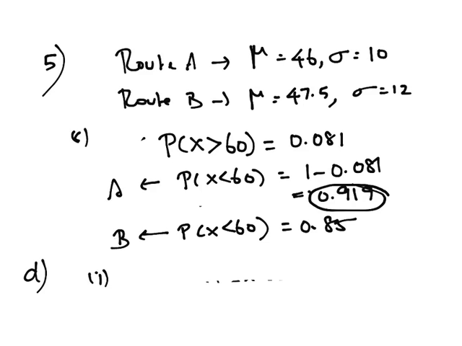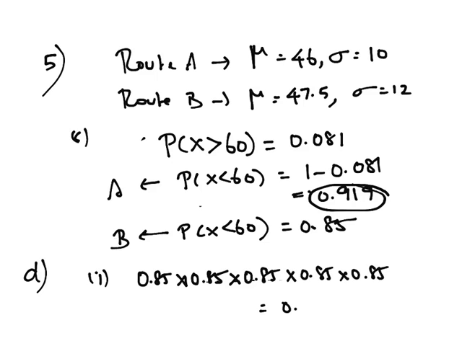It arrives before 7 o'clock on all 5 days. That means the first day it arrives before 7 o'clock, that is 0.85, and the second day before 7 o'clock, and the third day, and the fourth day, and the fifth day. So the answer is 0.85 power 5.